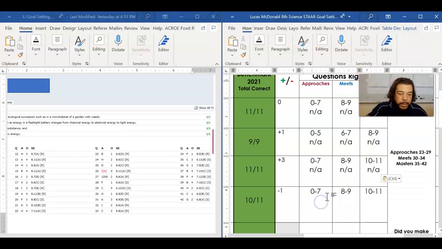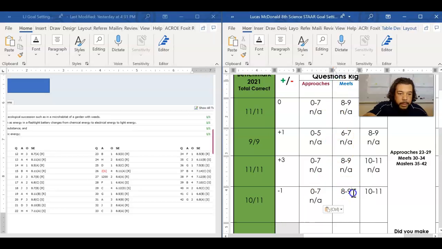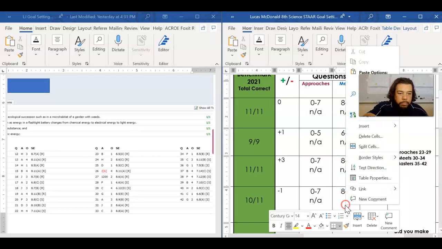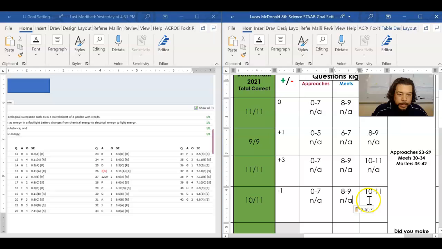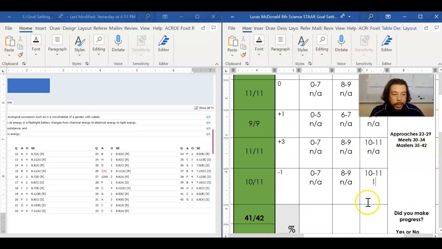And then here, he's already surpassed this. Paste. And then finally, now the goal here is to get 1 more question. We need 1 more to be in this area.